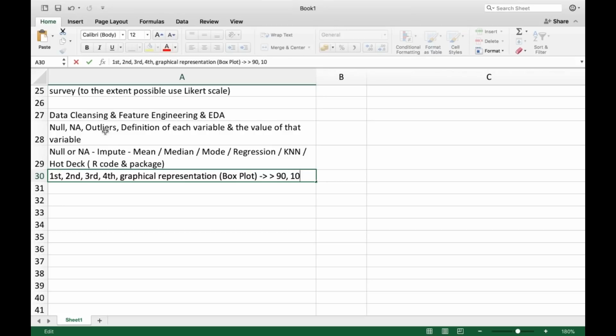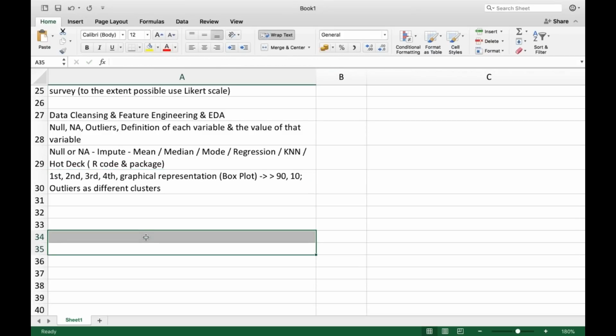All the values below the 10th percentile, discard those, and take the 10 to 90 percentile data and proceed with your analysis. One way. If you have too many outliers on either side, then start treating those outliers as a different segment and build another model for that segment.